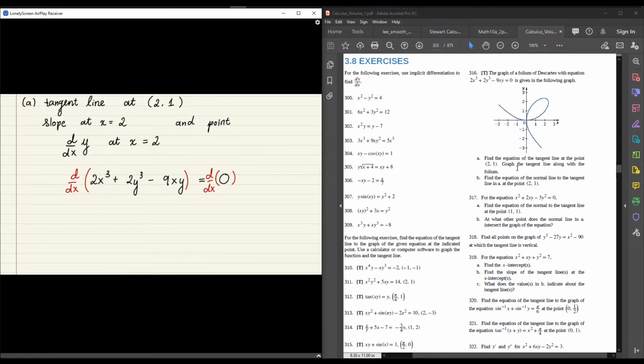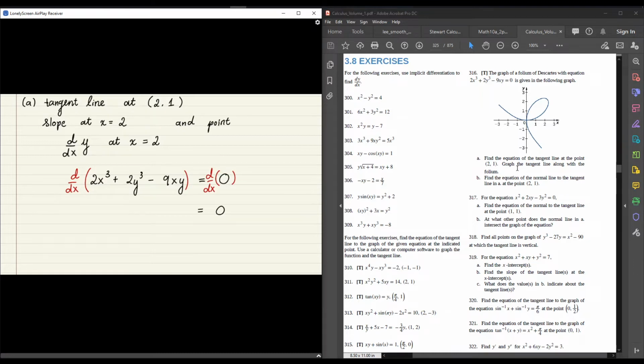And I like to use this d/dx notation because it reminds me of what is the variable that I'm differentiating with respect to. In this case, we are differentiating everything with respect to x because x is the variable. So what is the derivative of 0? The derivative of 0 is just 0.